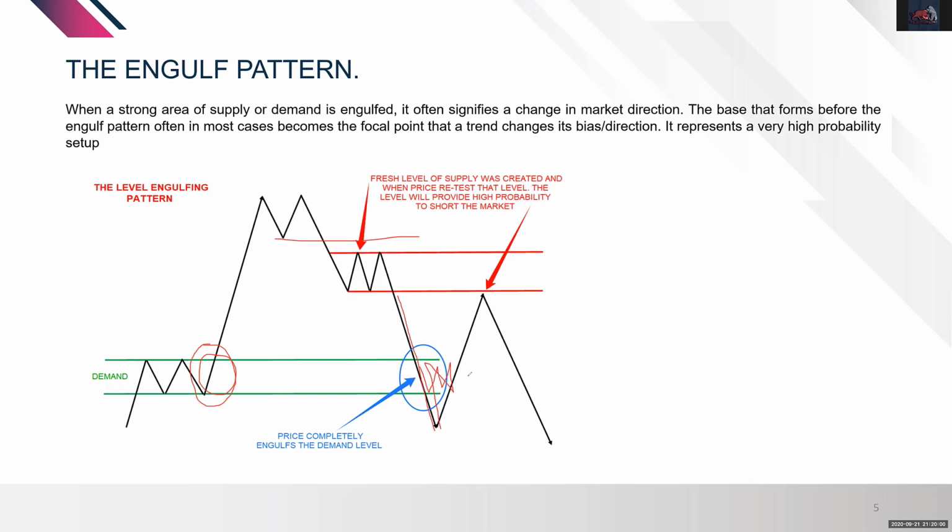The price completely engulfs the demand level. Now when price comes back to the fresh level of supply, the one that was created here, the level will provide a high probability short setup. It means when price comes back here, you look to be a seller.